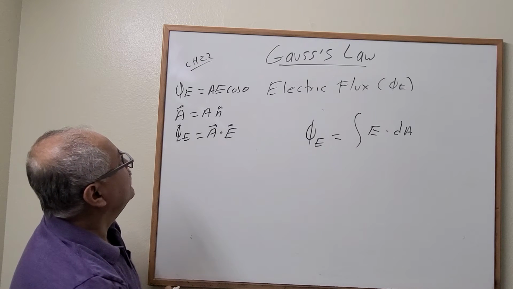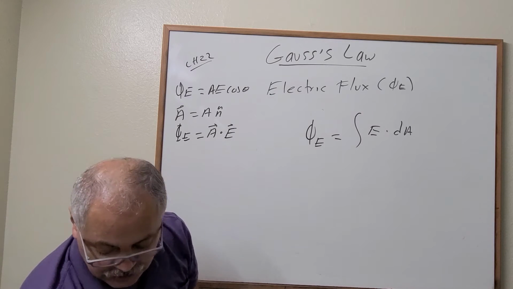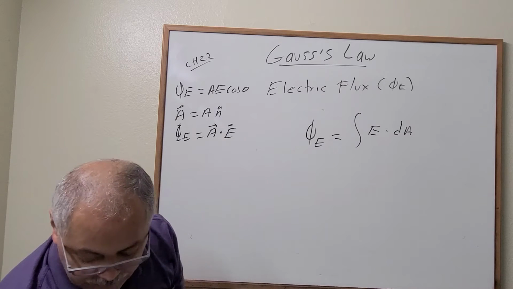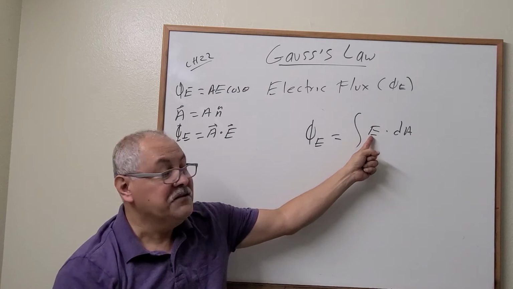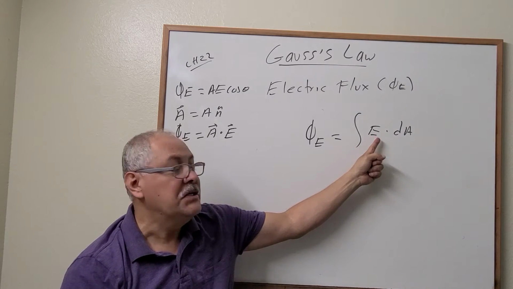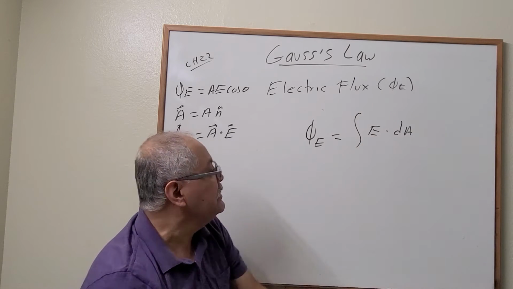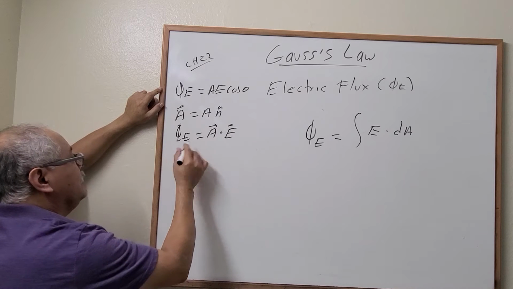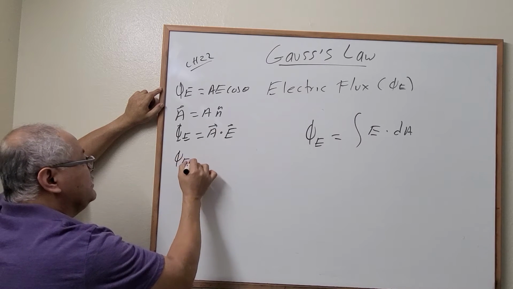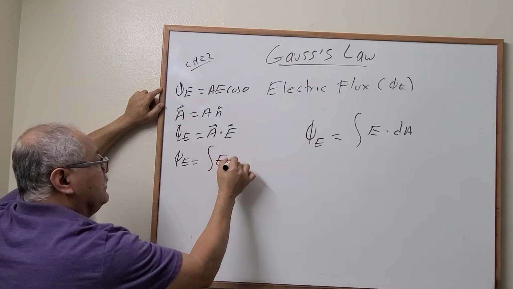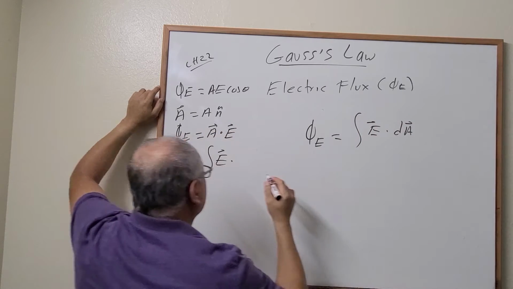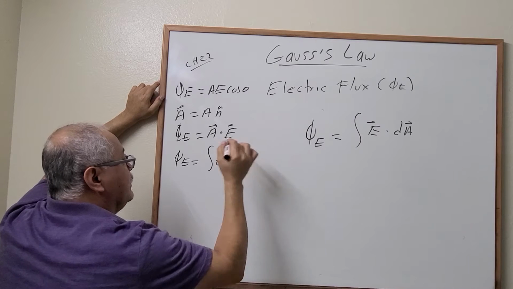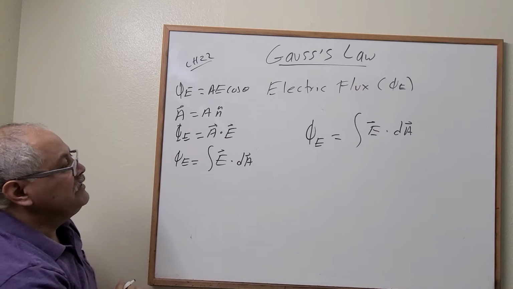We represent this condition in this way too. This is the case mainly when the electric field is not constant, but it changes. It changes where we can use this equation. So we have again that the electric flux is equal to the integral of E, a vector, dot dA. We use the dot product.